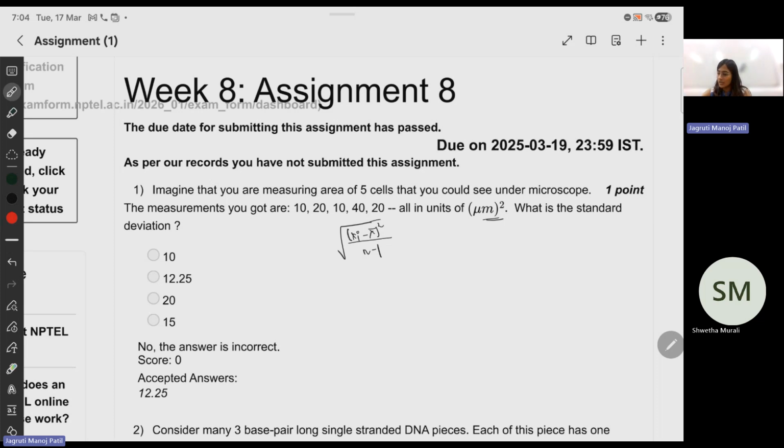First compute the mean: 10 plus 20 plus 10 plus 40 plus 20, divided by 5, the sum of all xi from i equals 1 to 5. In this case it would be 100 divided by 5, which is 20. And then you do this computation, and you'll get the standard deviation. The answer here is 12.25.